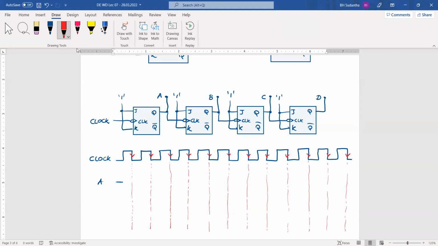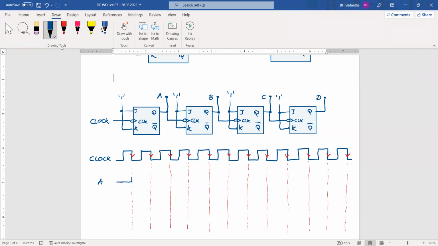Shall we draw A by considering this clock input pulse train? Initially we can assume A is at 0. Flip-flop A receives the clock input, but it's a falling edge triggered flip-flop, so it remains at 0 until it finds the falling edge.